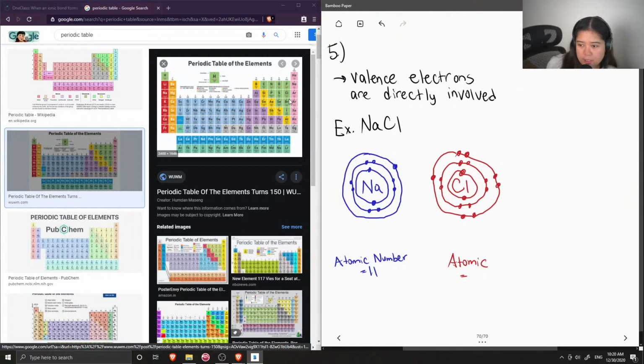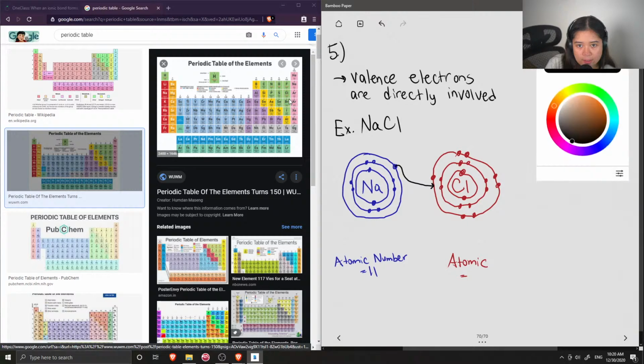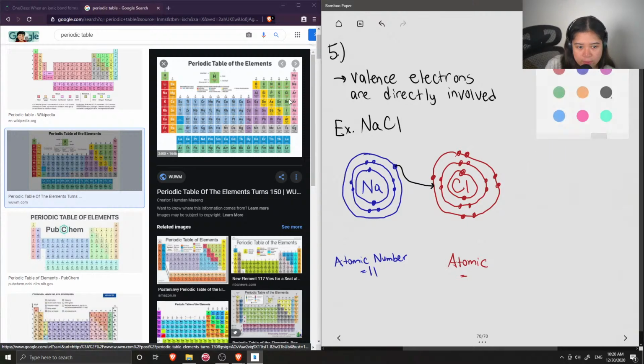So now you can see that in order for sodium to have a full octet in its outer shell, it wants to donate one of its electrons. And in the case of chlorine, it just needs 1 more electron to fill its octet. So in the case of an ionic bond, a sodium atom donates one of its electrons to the chlorine, which takes the electron, and that's how ionic bonds are formed.